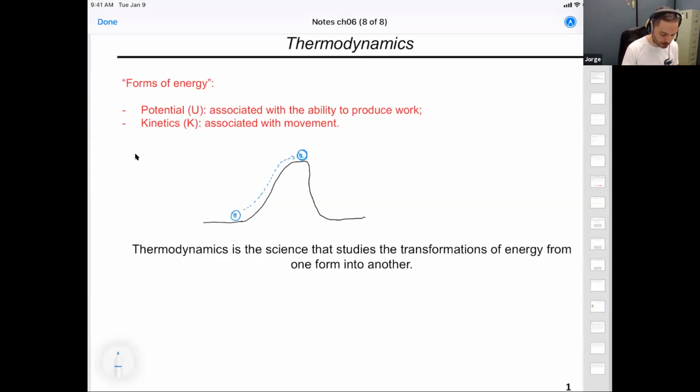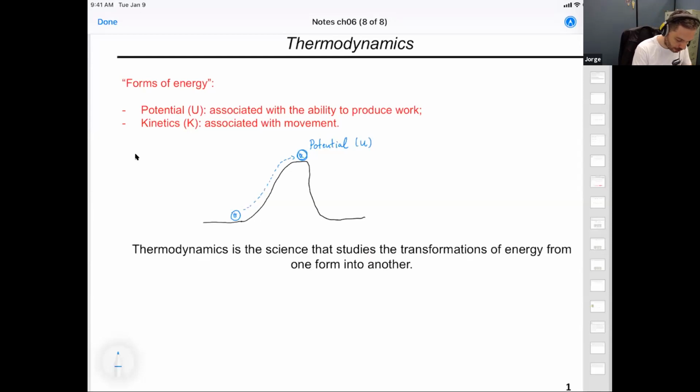Once we moved the body all the way up the hill, we kind of charged this body with potential energy. See here that the body at the top of the hill has the potential to go down the hill, therefore the ability to produce work.